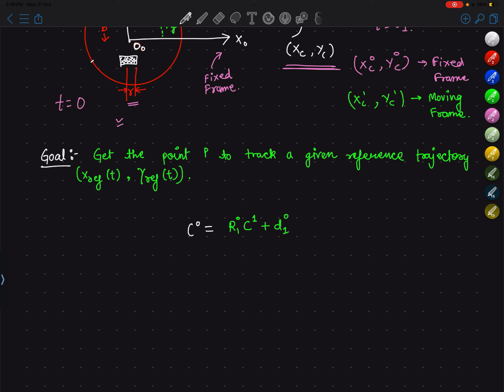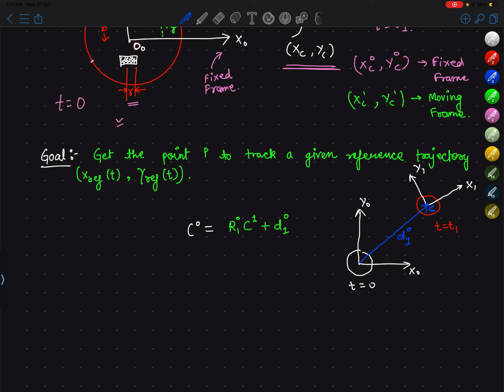So basically this is the robot at t equal to 0. This is the fixed frame, and this is at t equal to t1. This is the moving frame, x1, y1. This is d1 naught. And C is basically this point represented in frame 1.